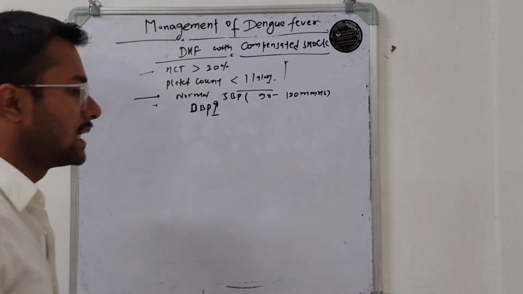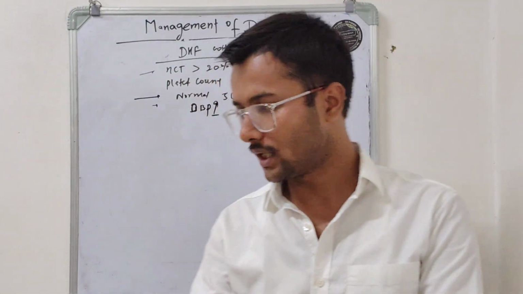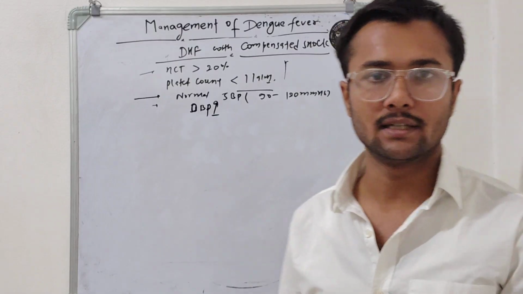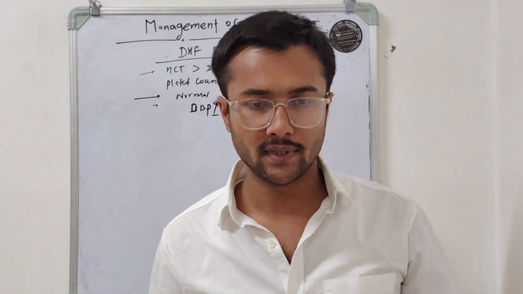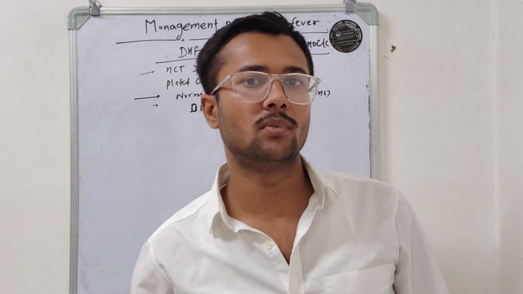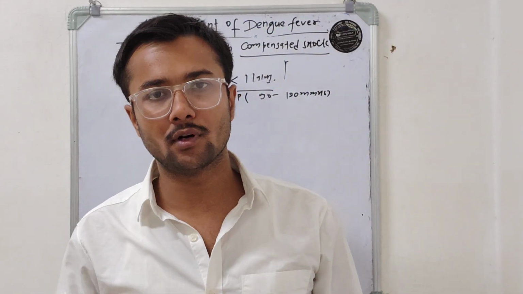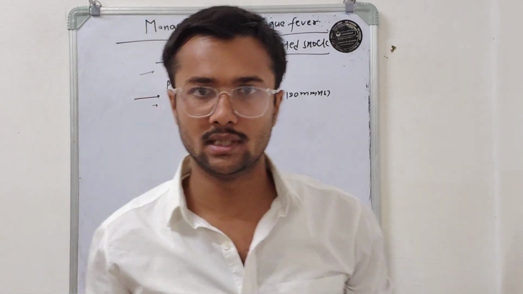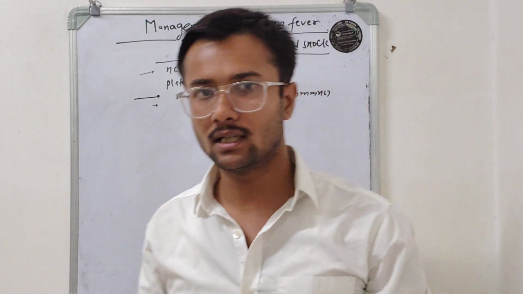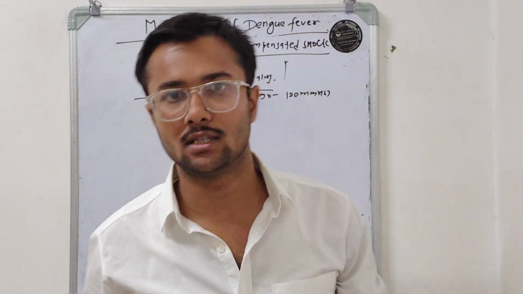Now the question is, why is this diastolic BP elevated? Let's see. In this condition there is significant plasma leakage. Whenever there is significant plasma leakage, obviously the circulatory blood volume capacity gets reduced. So if blood volume capacity gets reduced, what is the first priority of our body systems?